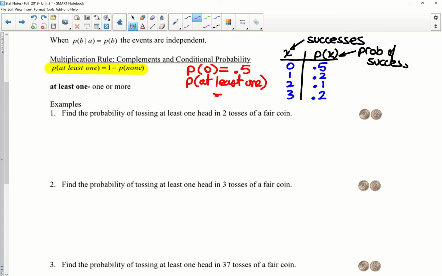Now, there's a couple of ways that we could get the probability of at least 1. One way is easier than the other. In this case, it's a small table, so actually neither way is difficult. But conceptually, one way is going to be easier than the other. Right? At least 1 means 1 or more. So here's at least 1.